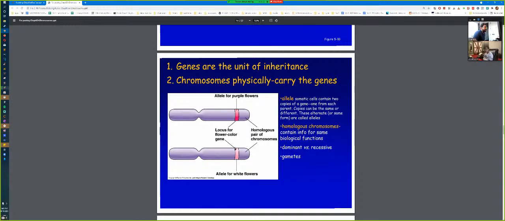The locus, which is a location for the gene that determines flower color, is here, and one of your parents may have an allele for purple flowers. Your other parent maybe for white flowers, but they're homologous here.